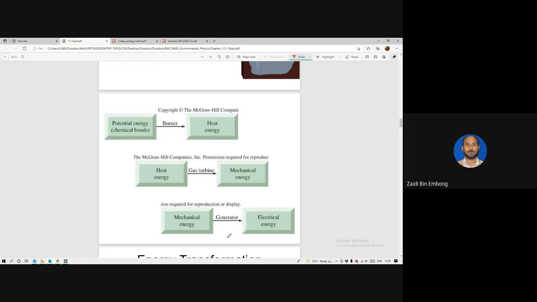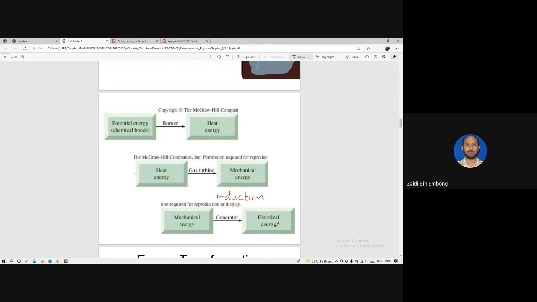You have to read a bit on induction, what induction is all about. From the induction, we have this electricity. So the transformation goes from here to here to here to here to here.